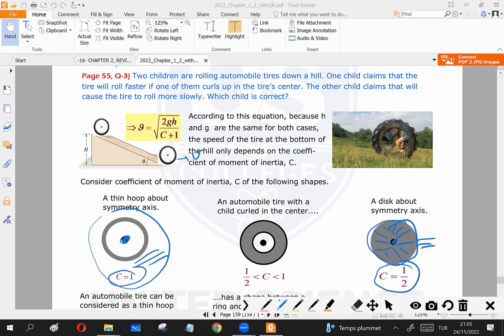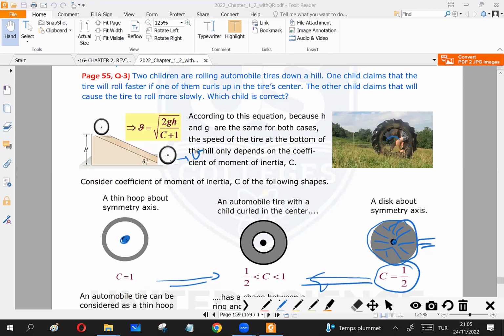But when you curl inside the tire, it's not a disc and not a hoop, just between them. c becomes less than 1. It decreases, gets smaller, but is greater than 1/2. That is, when the child curls inside the tire, the shape approaches from a hoop toward a disc, but not a perfect disc.